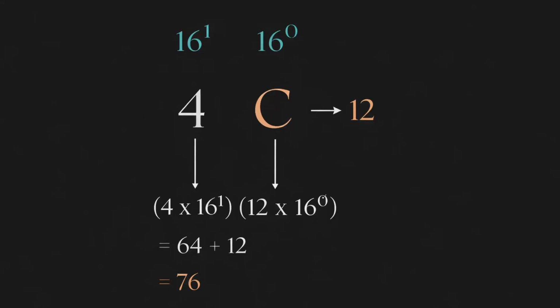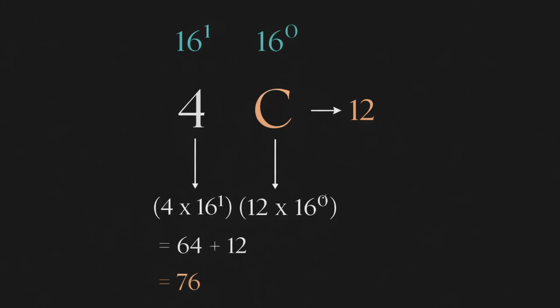Interconverting between hexadecimal and decimal is also similar to how we did it previously for binary and octal. Just expand using powers of 16 instead. To understand this visually, let's say we take a hexadecimal number 4C.